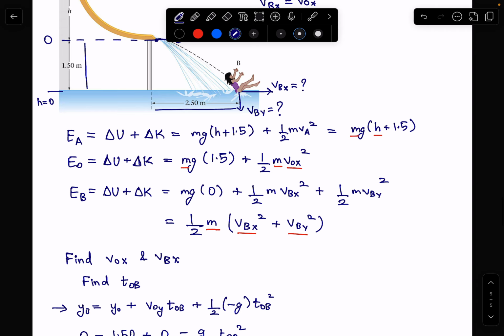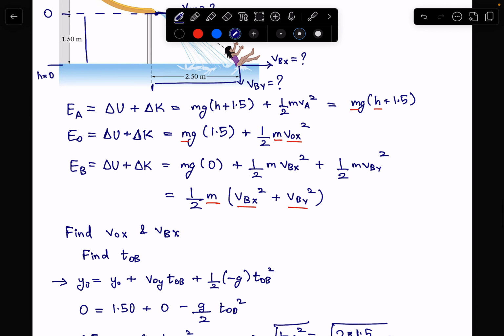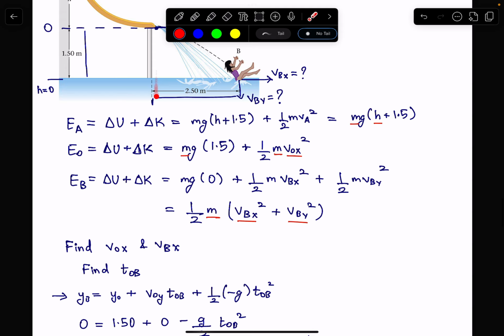So if I consider this my 0, so I'm considering this particular x as 0 and this is 2.5.